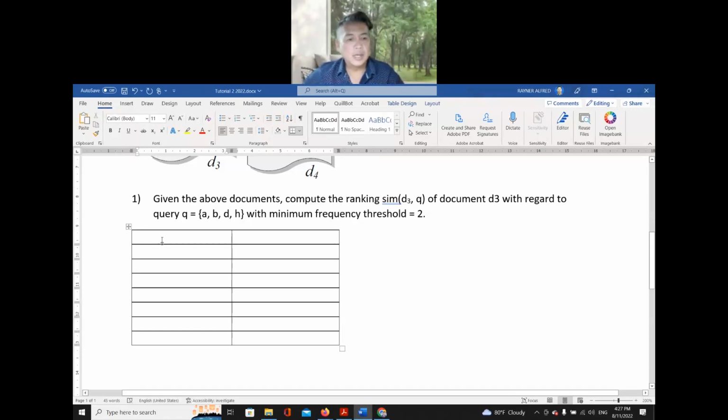This is the first column, we call it term set. And this is the document that consists of that term. I will list out the one term sets first.